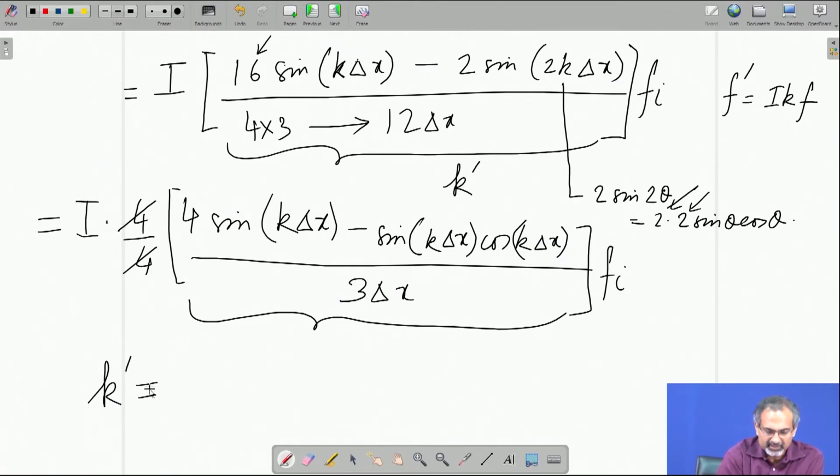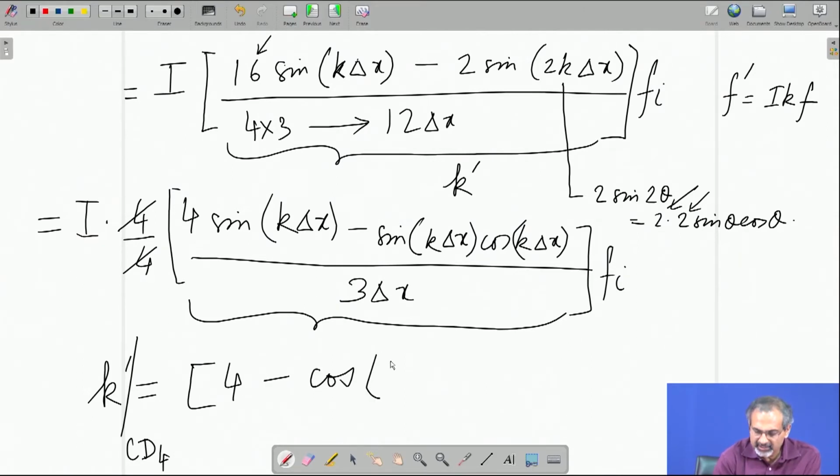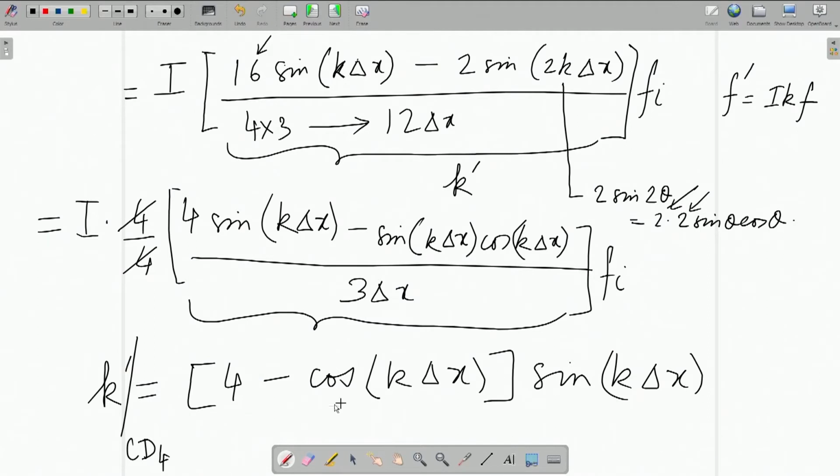So, what we have here is k dash for CD4 scheme, and of course, for the first derivative, and the expression turns out to be 4 sin. So, let us take sin common. We will put 4 minus cos k delta x times sin k delta x, the whole divided by 3 delta x.